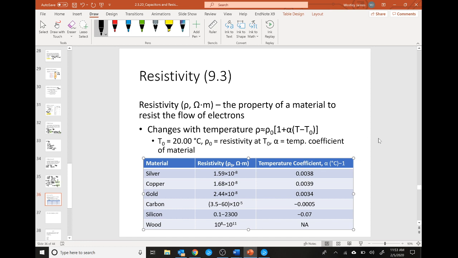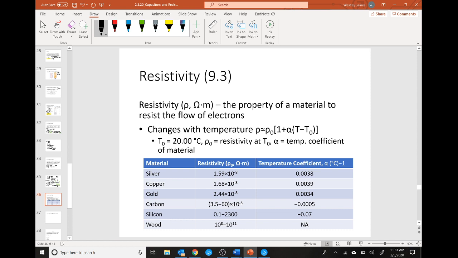When you increase the temperature, we get this equation, where you have the resistivity at room temperature. I will give that to you on a test. If I ask you this, I will give you the resistivity and the temperature coefficient, and you'll put that here. You'll basically then just do 1 plus the temperature coefficient times the temperature it's at minus room temperature, which we just say is 20 degrees Celsius.